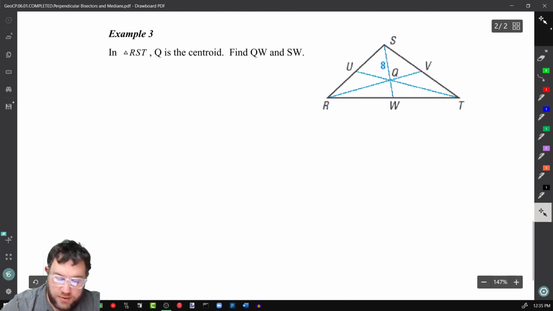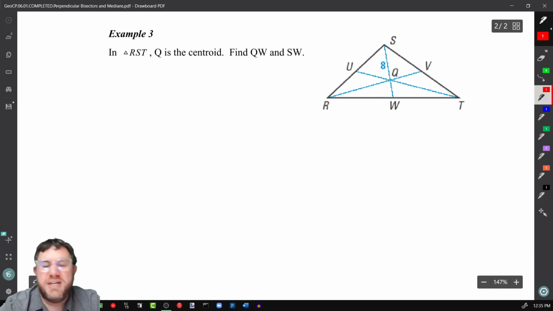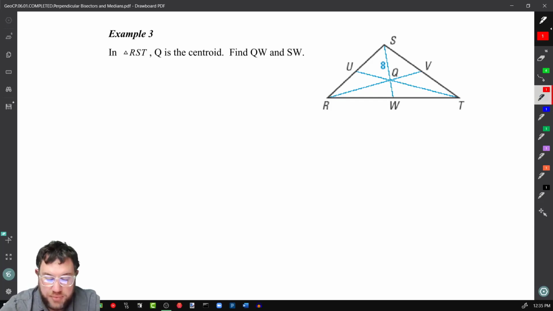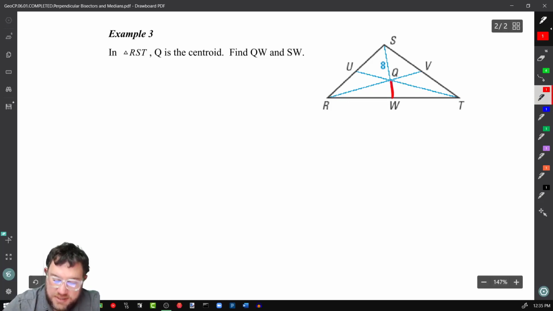So in triangle RST, Q is the centroid, which means it is where the medians all meet. Find QW, that's that piece right there, and SW, which will be that whole thing there.